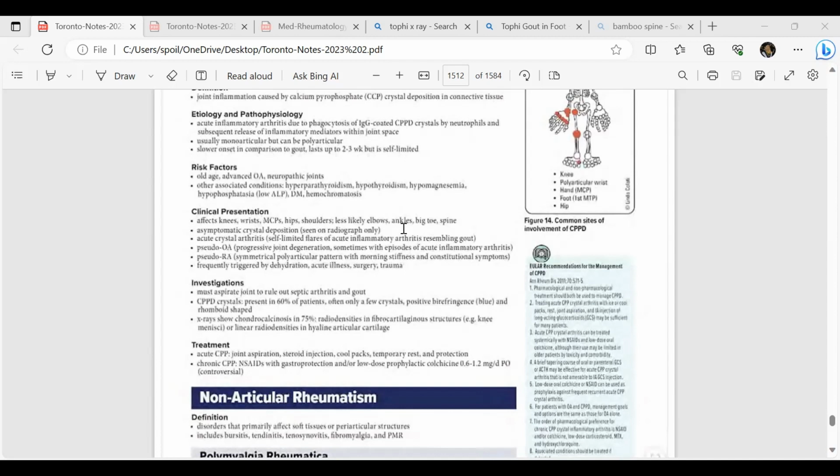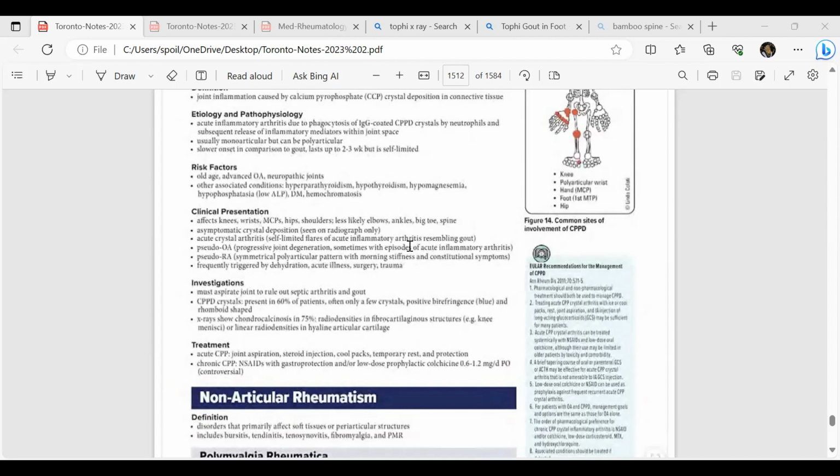It can be asymptomatic deposition that only comes to knowledge by X-rays, or acute crystal arthritis, which is self-limited flares of acute inflammatory arthritis resembling gout.